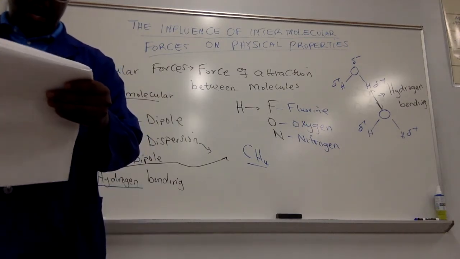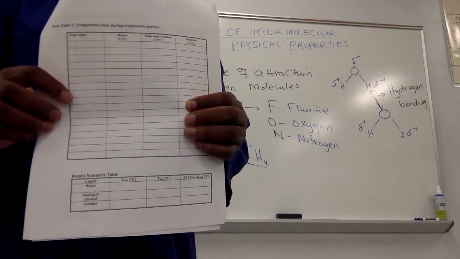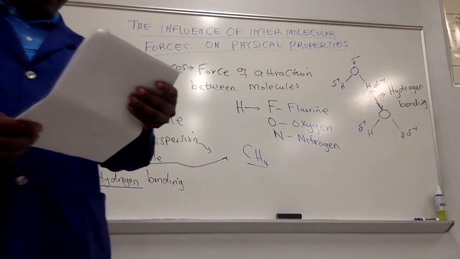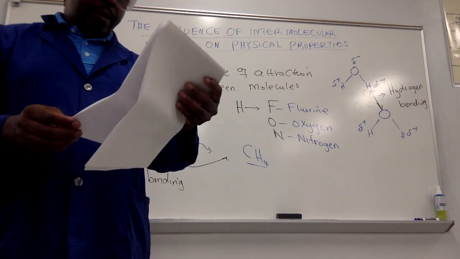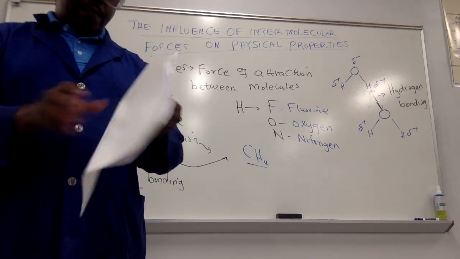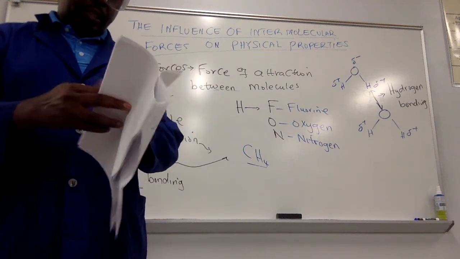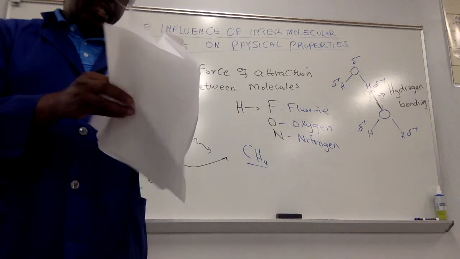Table 1. How you will fill this in is you read the directions on how to fill in the table right here. The time in minutes it takes for the evaporation. You're going to record the temperature it detects for every interval. Look at the procedure. The procedure is for part 2.